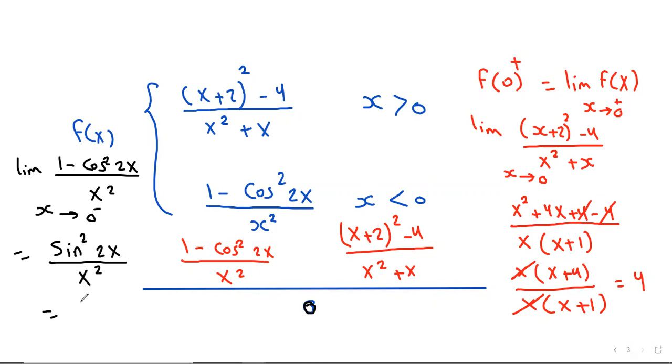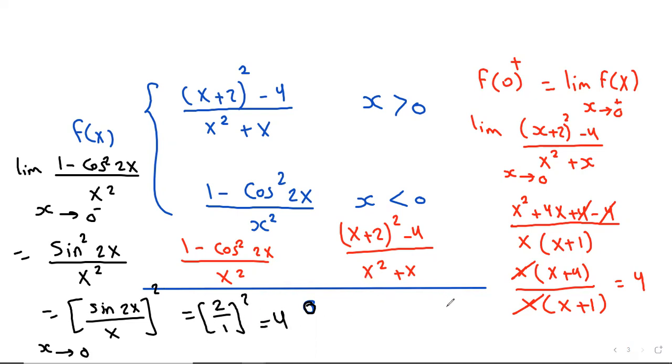Then we can write it as sine 2x over x, all raised to the power of 2 when x tends to 0. So that is going to be 2 over 1, all raised to the power of 2, which is 4. As you see here, f of 0 from the right is the same as f of 0 from the left. So the limit of f of x, because they are the same, when x tends to 0 equals 4. That's it.